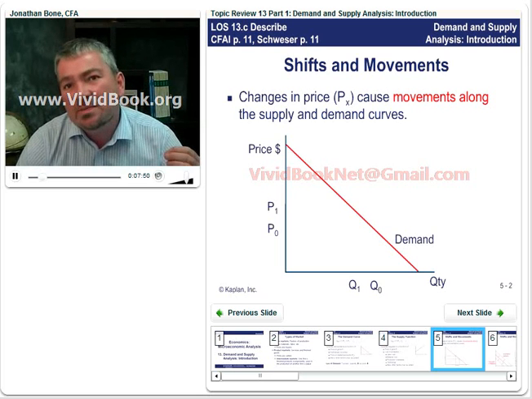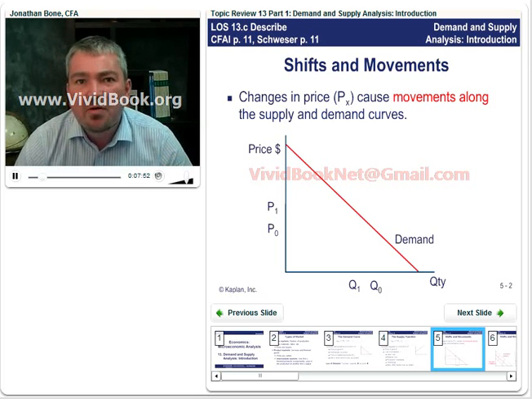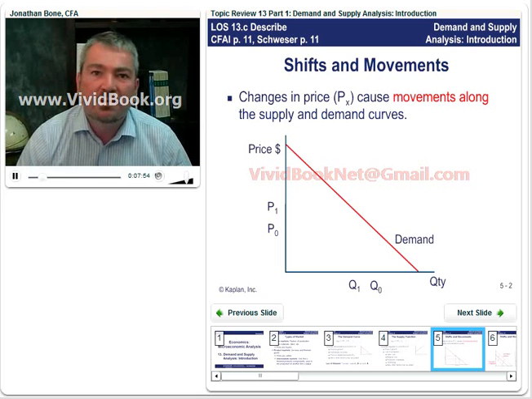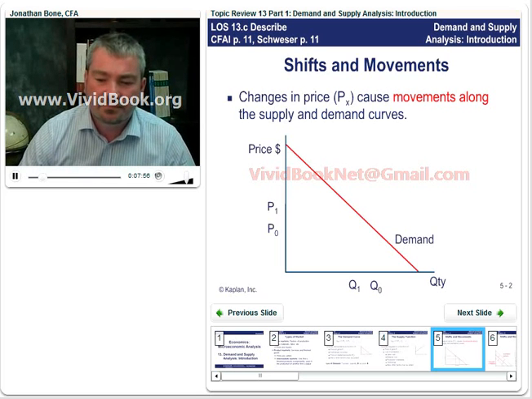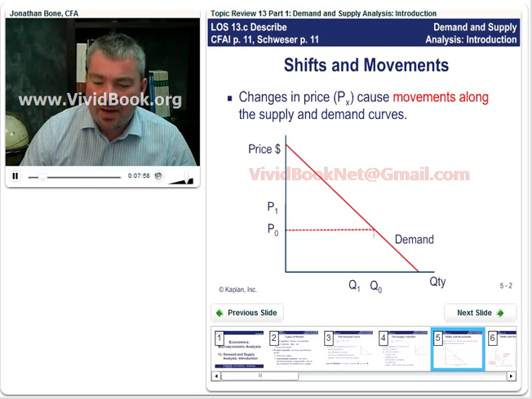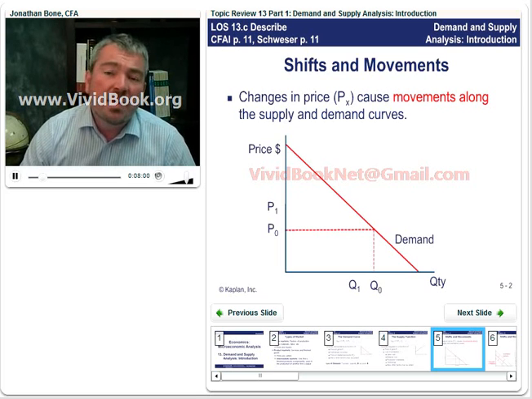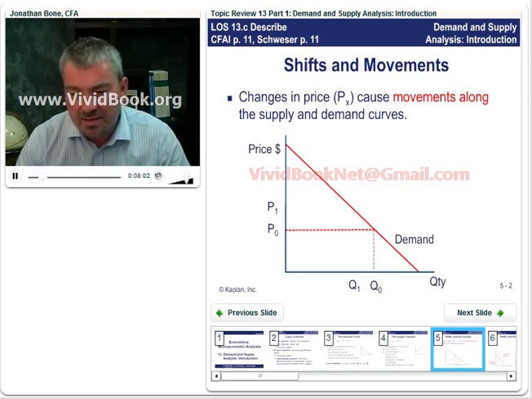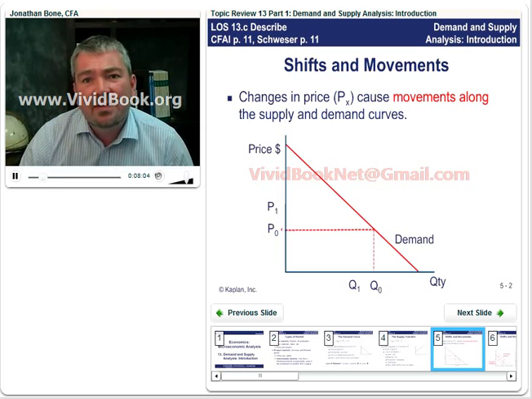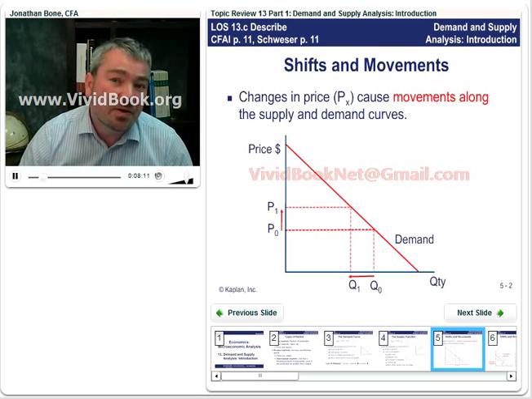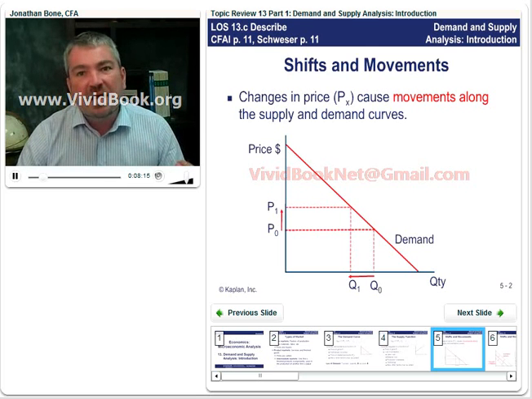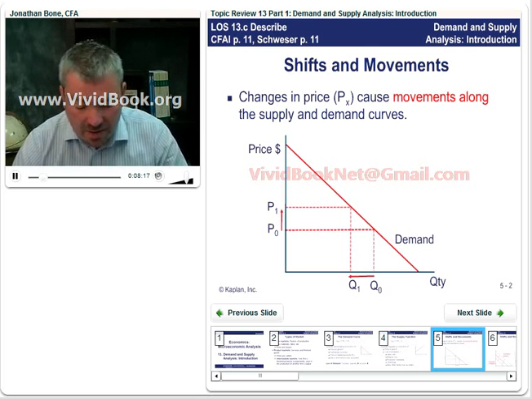In other words, movements in price move us up and down our demand curve. Let's have a look at that. So here we are initially at P0 with quantity Q0 being demanded. If the price rises, that shifts us along our demand curve. And of course, the quantity demanded drops to Q1. So movements in price shift us along our demand curve.